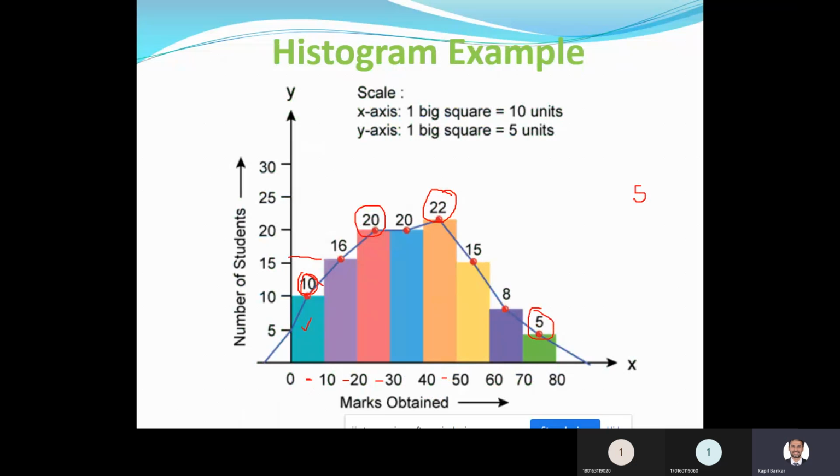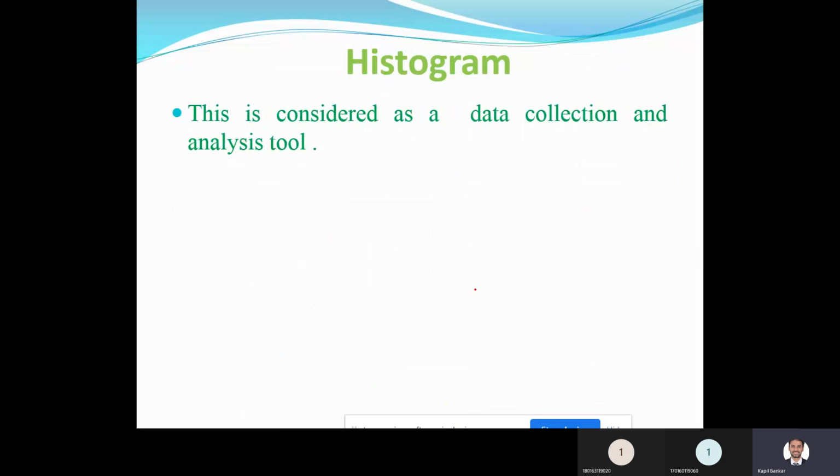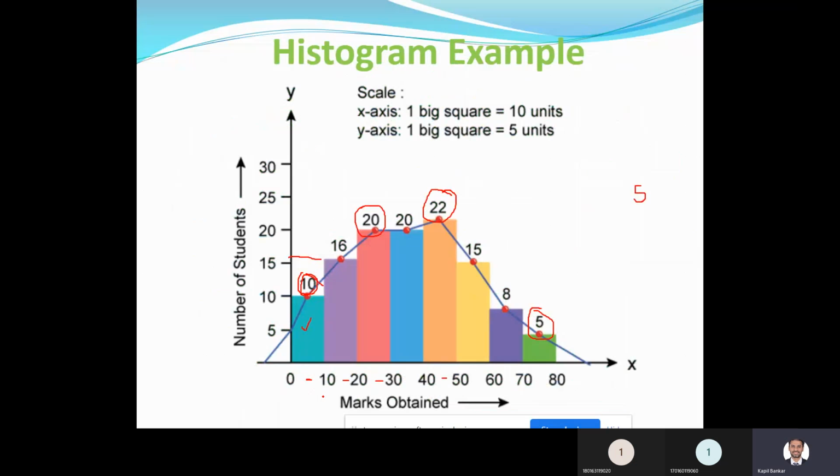This is just an example. The third thing is what shape the variation looks like. Suppose the shape is like this; if a column like this is there, then it is called normally distributed.